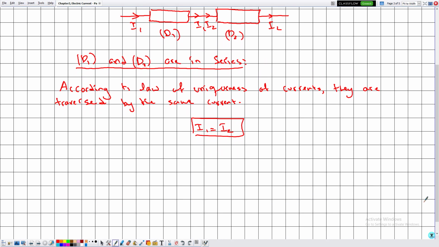Now let's proceed to the second law, which is 2.2, the law of addition of currents.